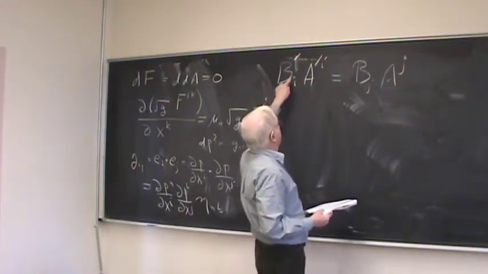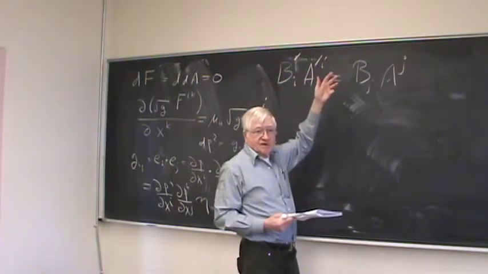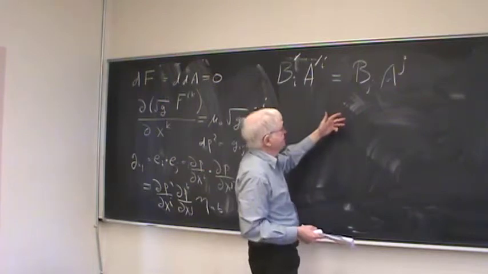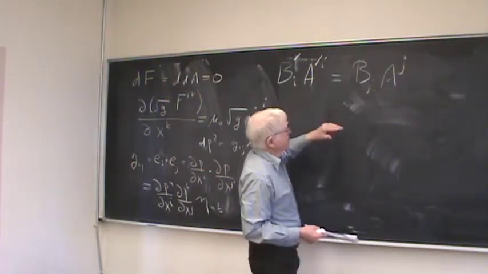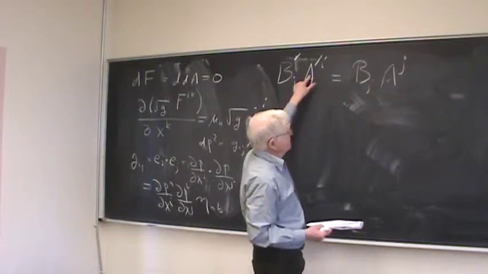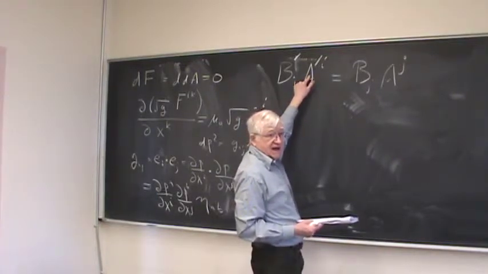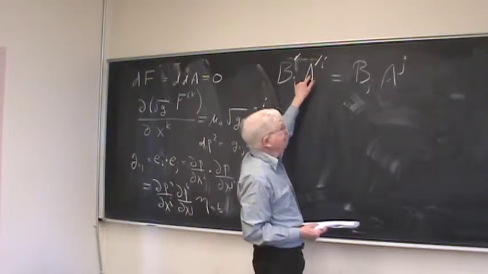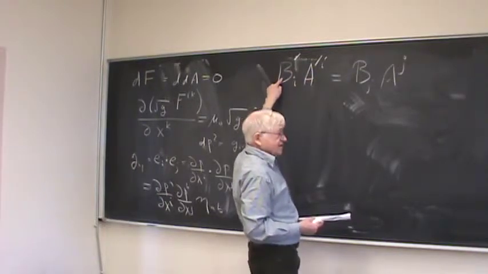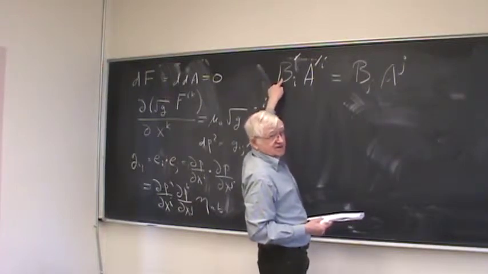So we make a change of coordinate systems. This thing, which should be invariant, is equal to this, where we've changed the contravariant vector A correctly, and we say that we've changed B correctly, but we don't really know how B changes.